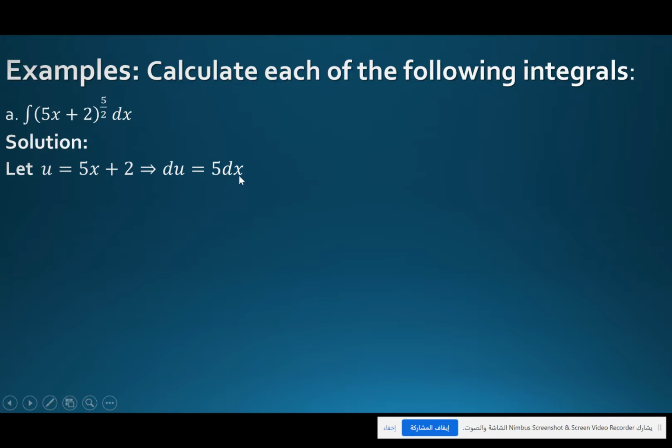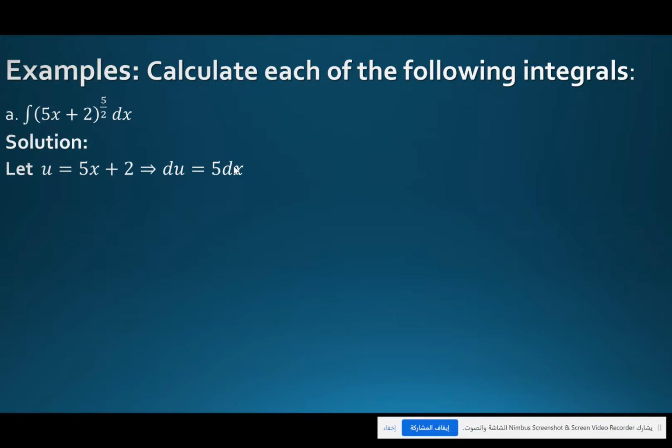Then you have to write it in terms of x, because when you write du over dx, it is the derivative of the letter u in terms of x, but we make a cross multiplication for it to move it to that side. This is easier for you when you are integrating each side separately.